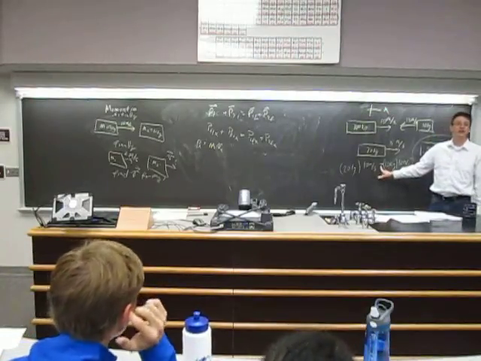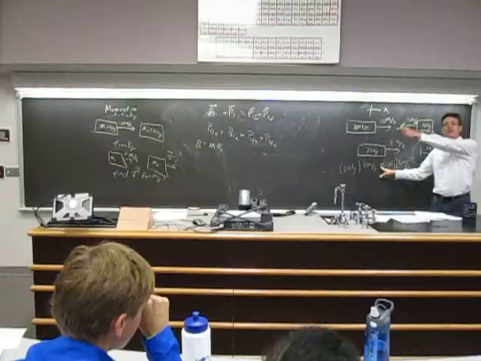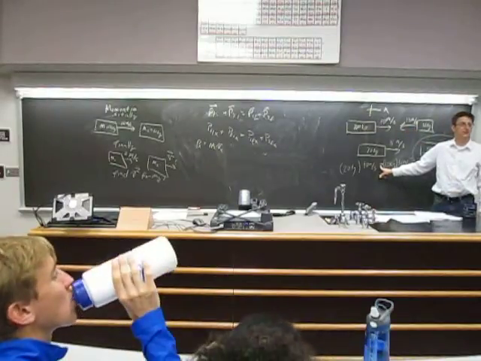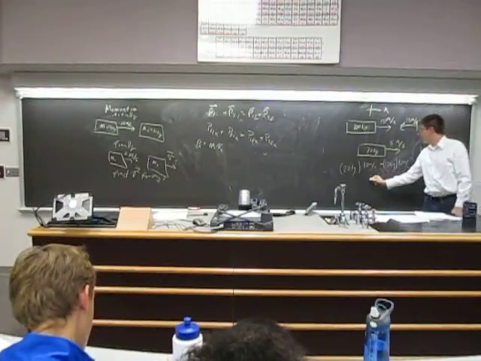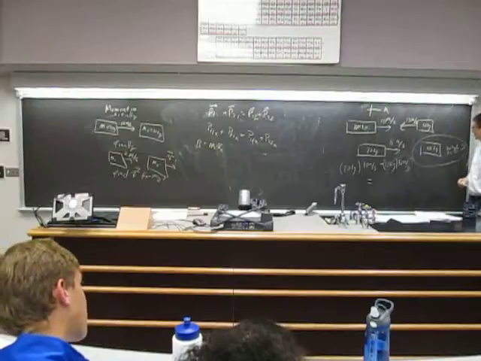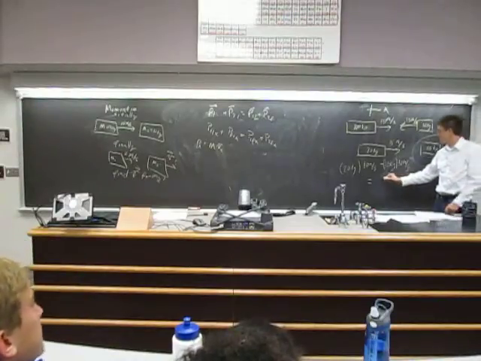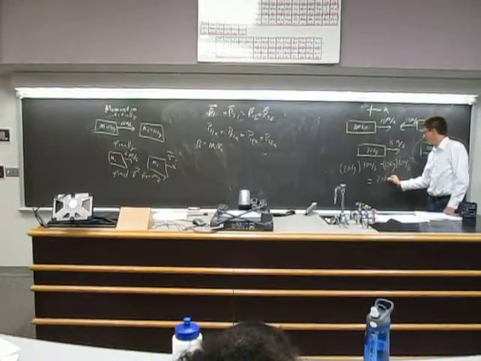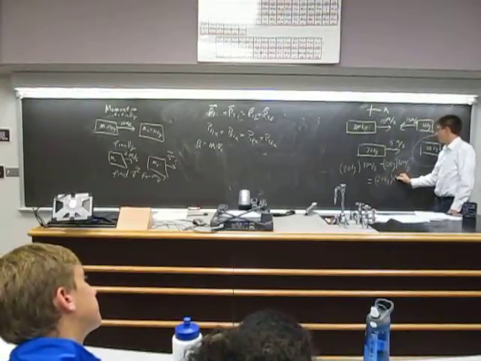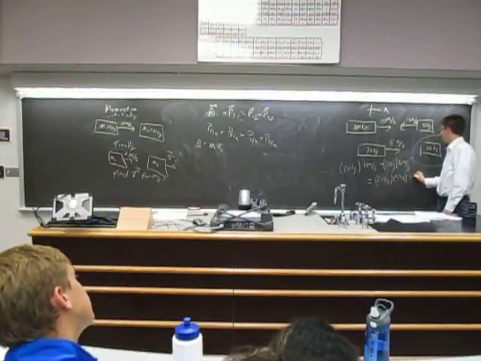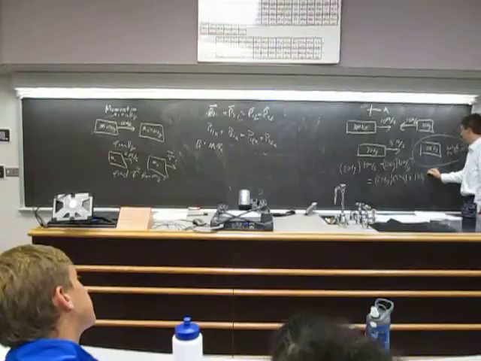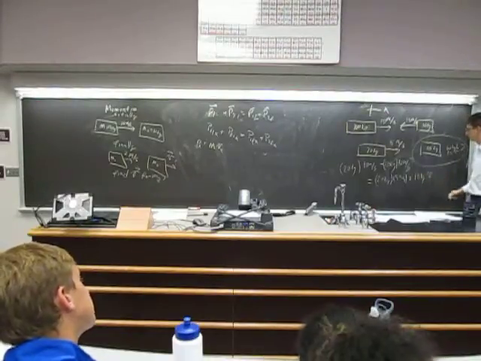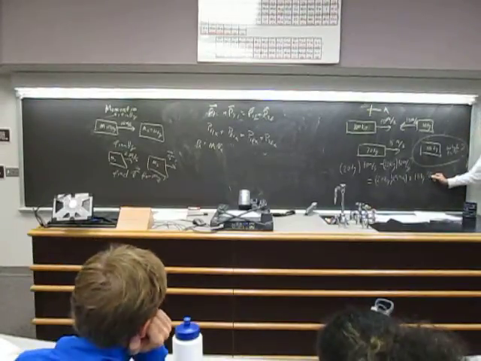Do you see where this minus sign comes from? It's just moving in the negative x direction. Now that has to equal the final momentum. So 20 kilograms times 5 meters per second plus 10 kilograms times Vx.